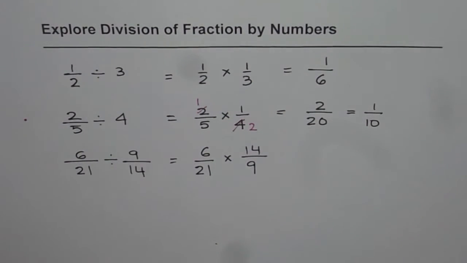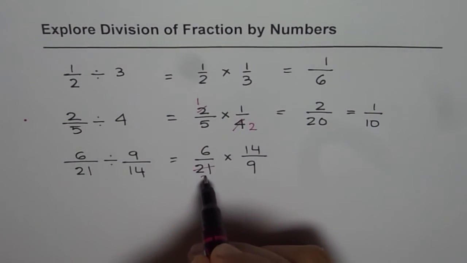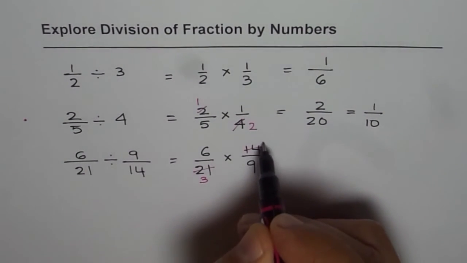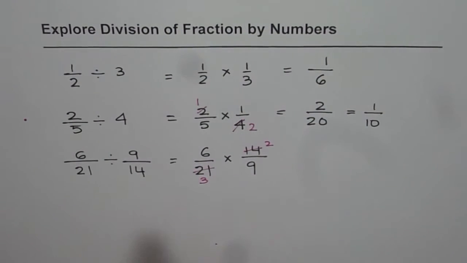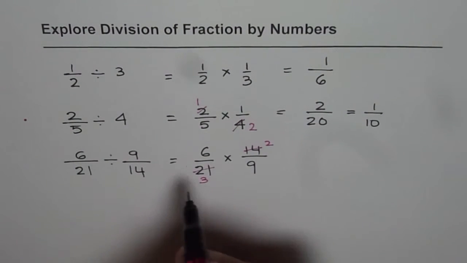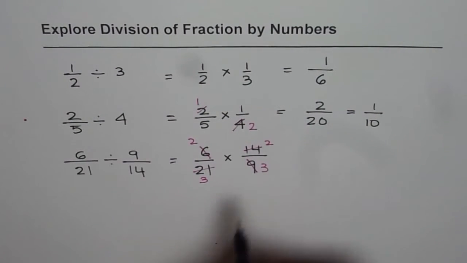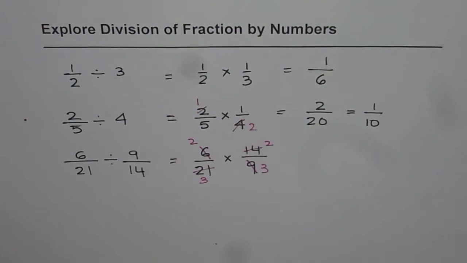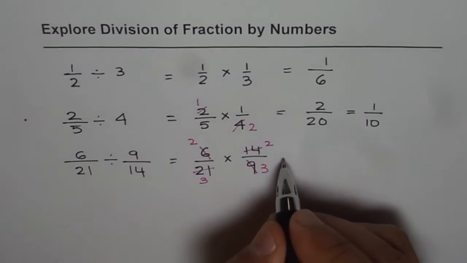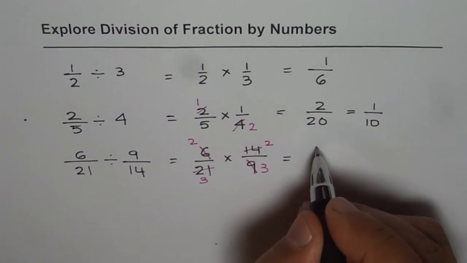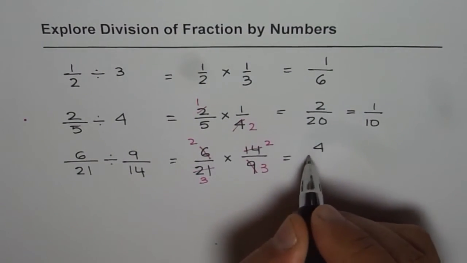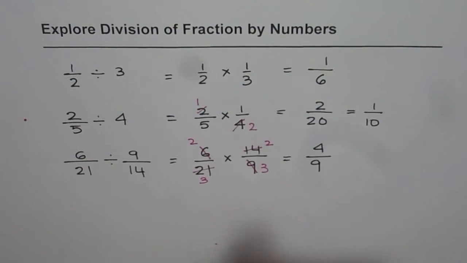Now at this stage, we should simplify. We know 7 times 3 is 21, 7 times 2 is 14. We can divide 6 and 9 by 3. 3 times 2 is 6 and 3 times 3 is 9. Well, that gives us the simplest form. 2 times 2 is 4, 3 times 3 is 9. So 4 over 9 is our result, correct? So that's how we do it.